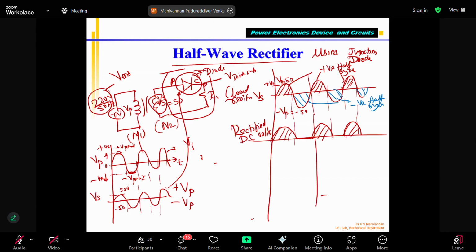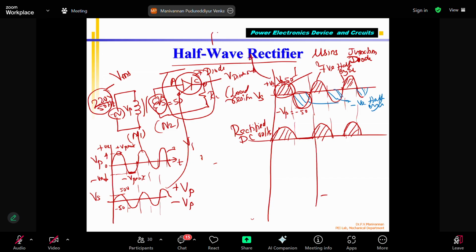Right? Already told in many classes. AC means the voltage will have a positive half cycle and an equal amount of negative half cycle, same shape, same amplitude. Correct? Positive 50, negative 50. Positive is a half sinusoid, negative is a half cycle. So this is the first cycle. This is the second cycle. Second positive half cycle, negative cycle, exactly the same. It repeats. This is called a periodic waveform.